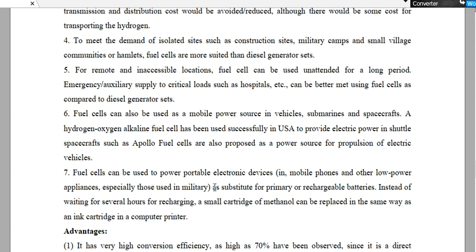Seventh point is fuel cells can be used to power portable electronic devices such as mobile phones and other low power appliances as substitute for primary or rechargeable batteries. Instead of waiting for several hours of recharging, a small cartridge of methanol can be replaced in the same way as an ink cartridge in a computer printer.